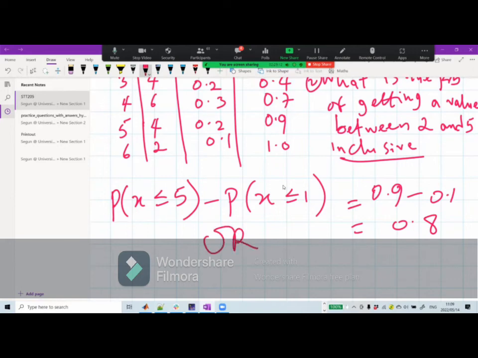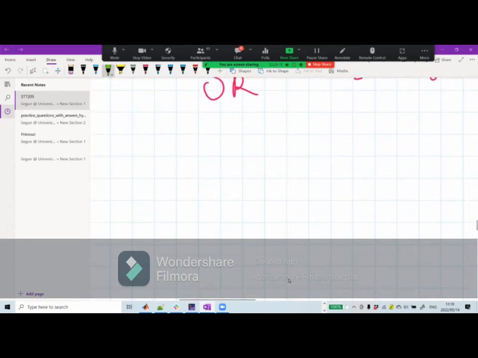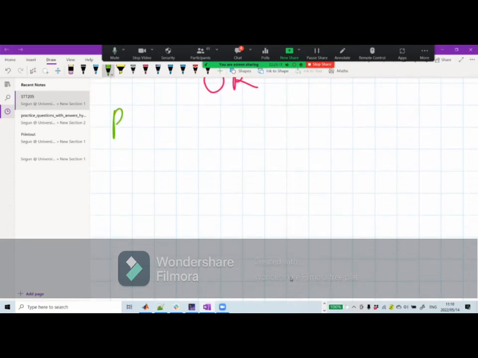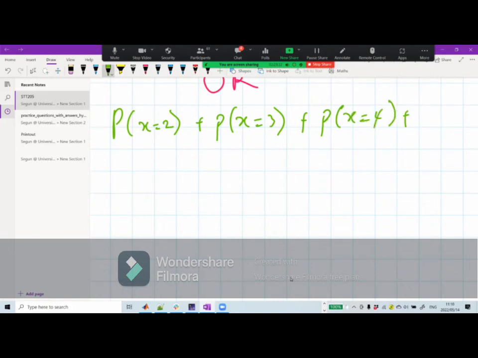I know some of us did not do it this way. Let me follow your own way. Probability of S equals to 2 plus probability of S equals to 3, plus probability of S equals to 4, plus probability of S equals to 5. Remember, inclusive. Some of us will say, why did you start with that?